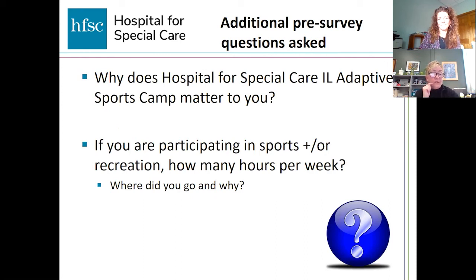And this one is really important. Why does the Hospital for Special Care Von Lundell Adaptive Sports Camp matter to you? You heard MaryJo mention earlier, and I want to reiterate it because I think it's crucial. Kids can do a checkoff and they can write in things. What we see in the write-ins so many times is, I get a chance to have a friend.